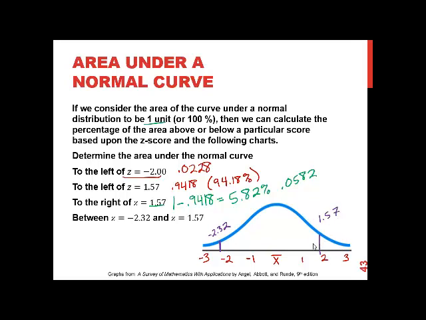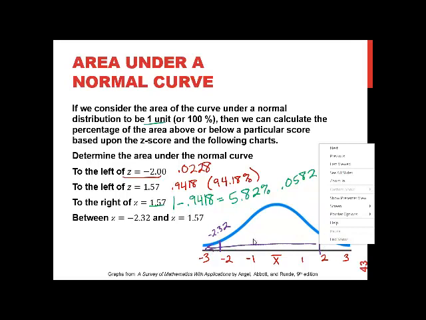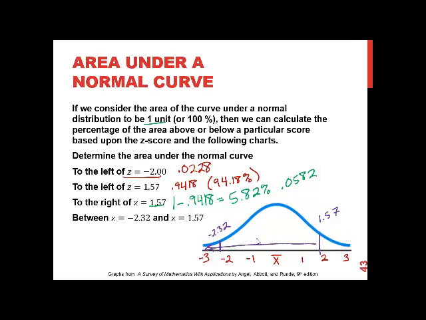We know that the area to the left of 1.57 is 0.9418. But we don't want this part from here down. We don't want to include that part. So what we need to do is subtract that off. So the 1.57, that's nice that we've already done that. We will subtract from that whatever the value is for negative 2.32.